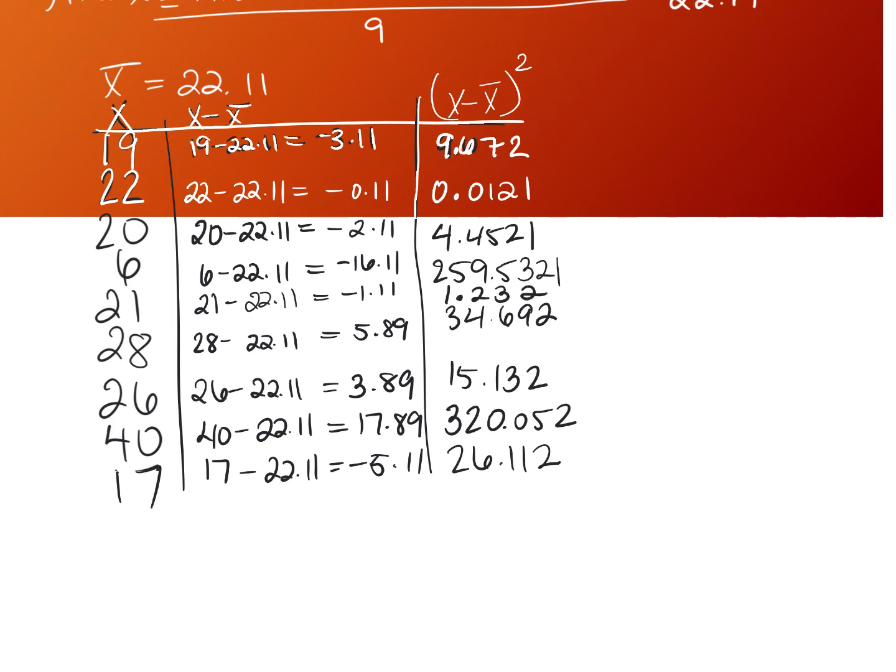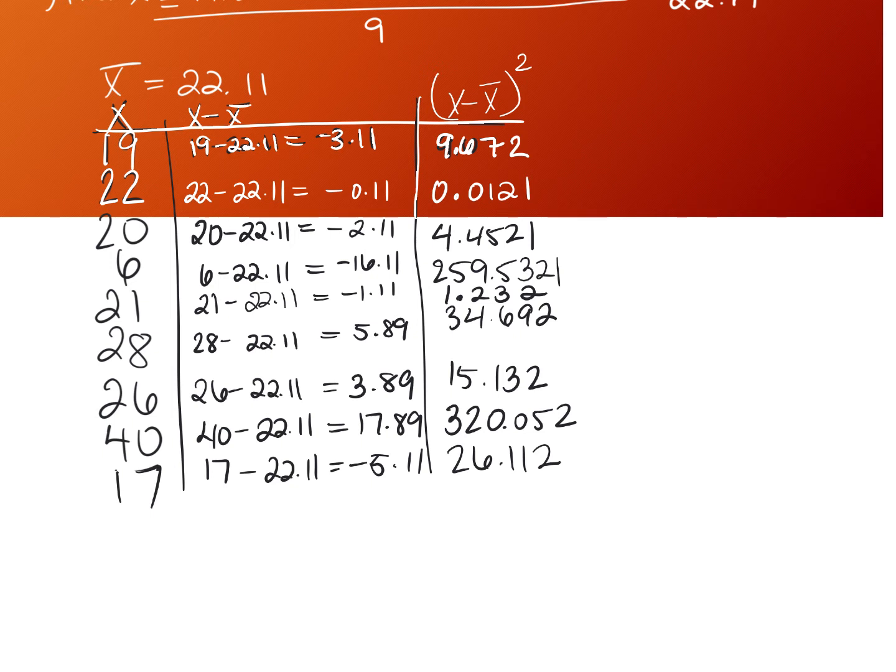Negative 1.11 squared is 1.232. Okay, so we found the deviations. We found the squared deviations. And now we're going to find the average of those values. So we're finding the average deviation from the mean. That's your standard deviation.